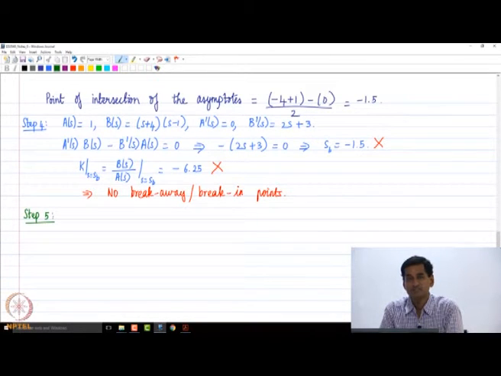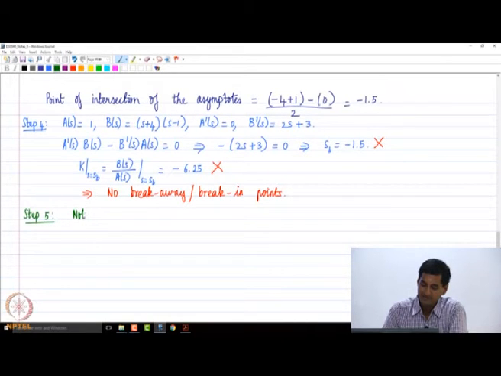Does that step apply to the example? No, it still does not apply because we have only real open loop poles in this example. So, step 5 is not applicable. Step 6, we need to figure out the crossover points.